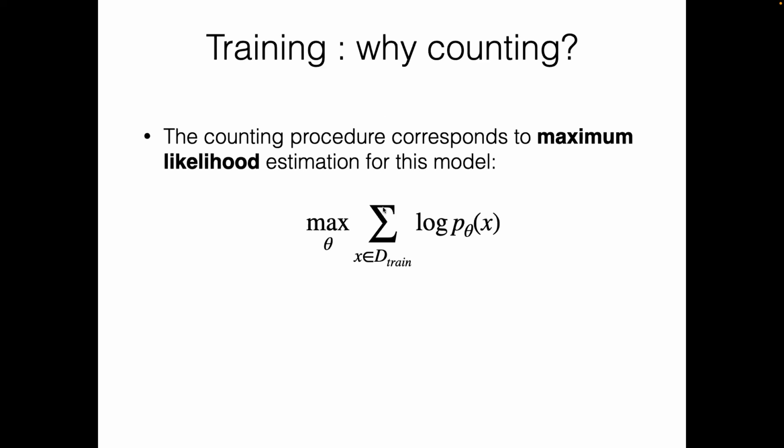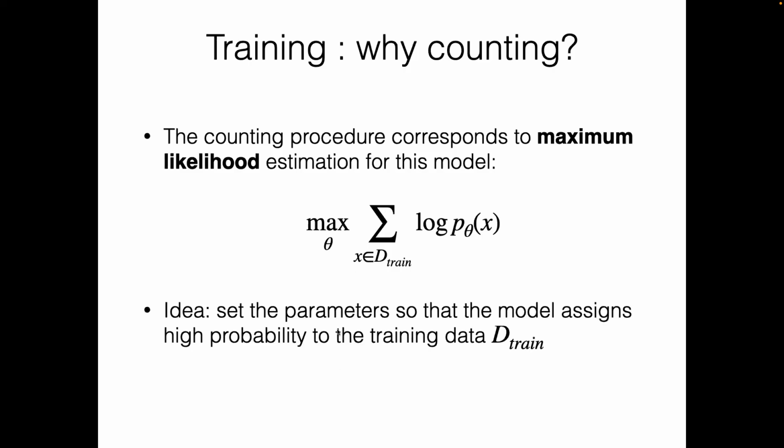And so maximum likelihood estimation, the idea is, given some data set, you want to choose the parameters of the model so that the model assigns high, or maximal, probability to the examples in the training data set. It's kind of an intuitive idea, right? As you're learning a model, all you have is the training data. So why not set the model to assign high probability to the training data? That's called maximum likelihood estimation.